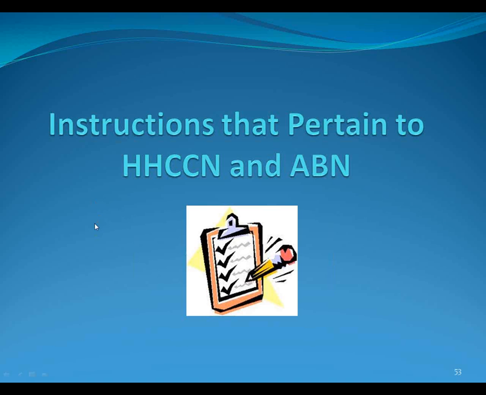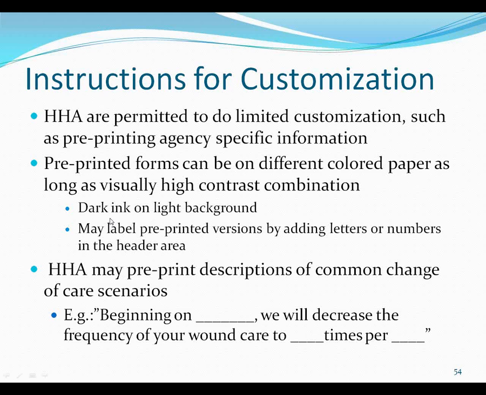So these are instructions that pertain both to the HHCCN and the HHABN. And it's basically for thoughts about pre-printing. So you are allowed to customize this according to the instructions. If you pre-print forms, they actually can be in different colored paper as long as you use high contrast combination. So what that means is you're using dark ink on a light color, either a cream or a white.